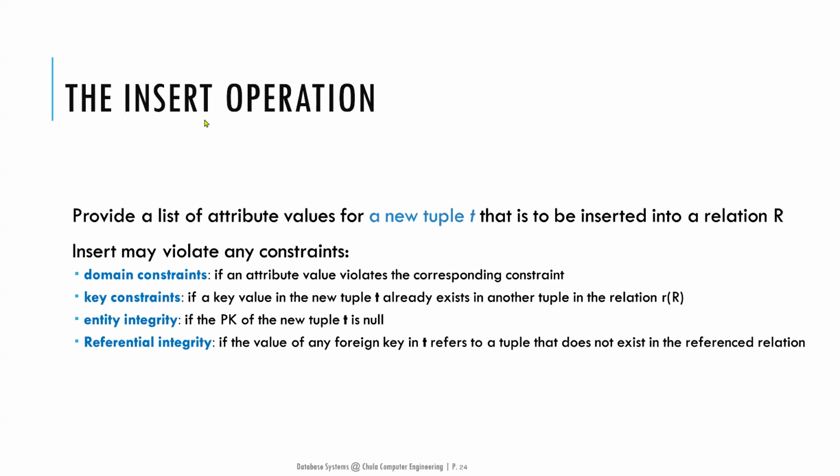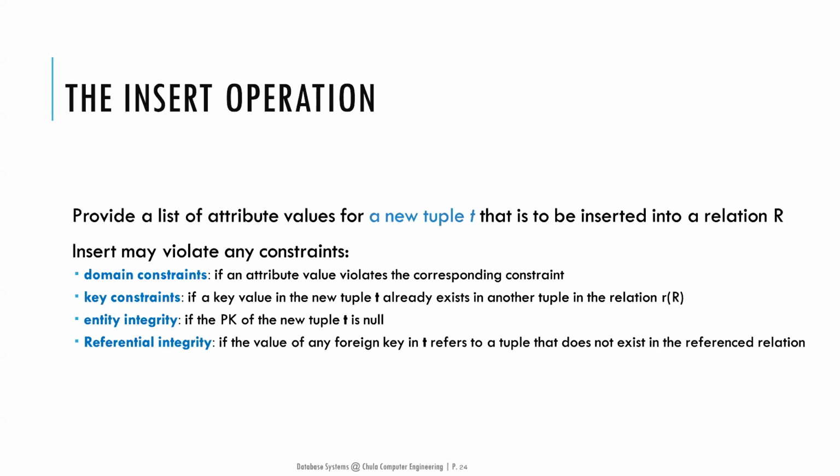Okay, I have more information here. Say the insert operation: you provide a list of attribute values for a new tuple, and it probably will violate constraints if you do this. The domain constraint may be violated if you insert new data. What would you insert to violate the domain constraint?